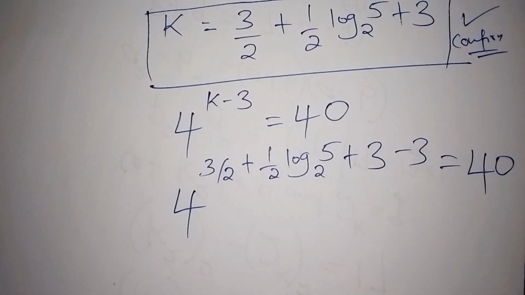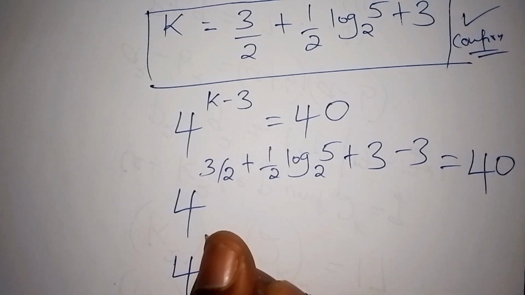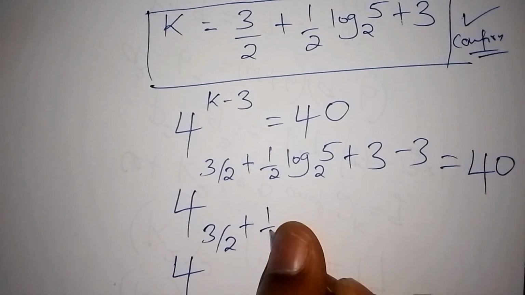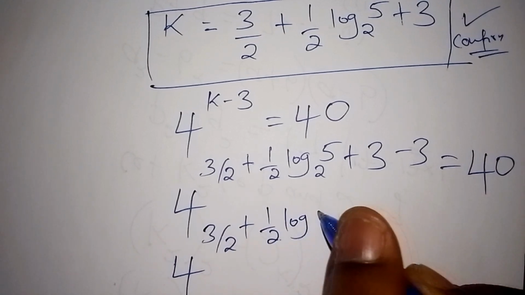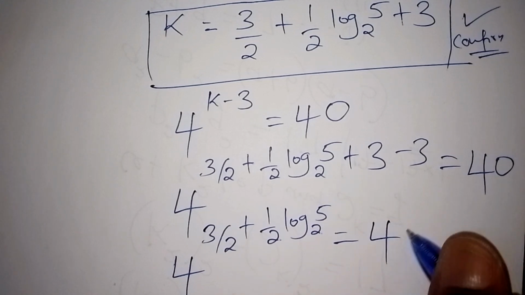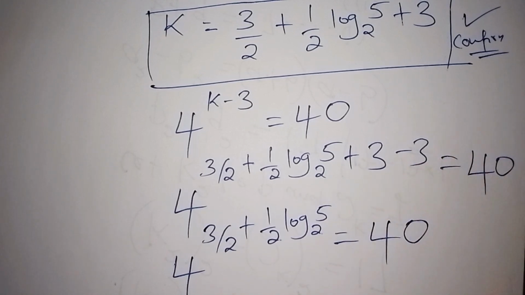So 3 minus 3 now cancels, so our new one shall now be 4 to the power of 3 over 2 plus, here now we shall have a half the log of 5 to the base of 2 is equal to 40, because 3 minus 3 is 0.